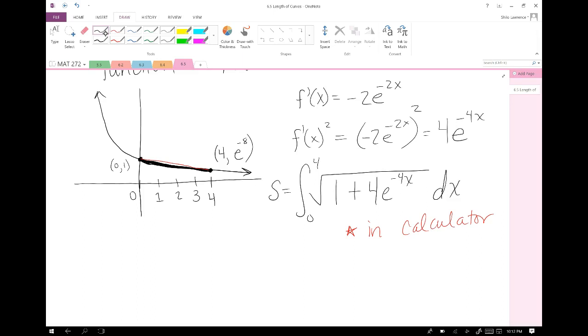For the old school calculators, we do integrand, comma variable, comma lower bound, comma upper bound. And I am getting about 4.38 for arc length.